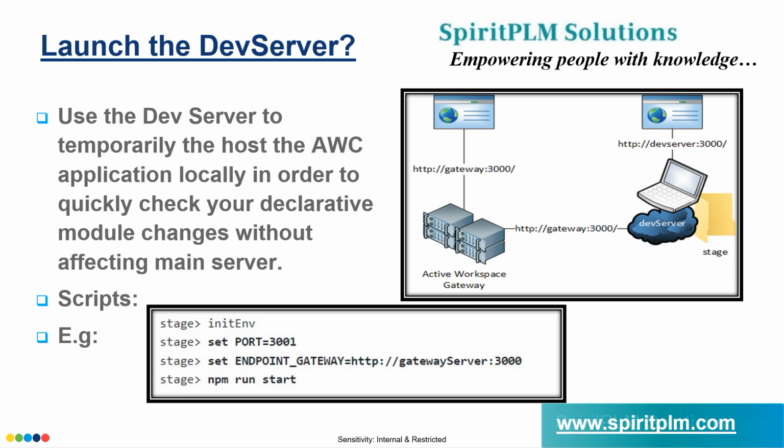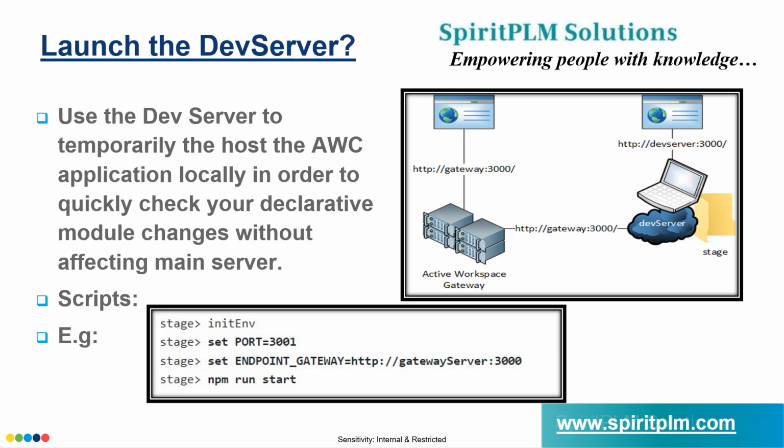You can look into this image, the second image. First there is init environment. Next one, set port number equal to 3001. This means, suppose temporarily you are moving your AWC application to another port number, without affecting the main server. So how to move the environment from 3000 to 3001, for example; the port number can be anything.